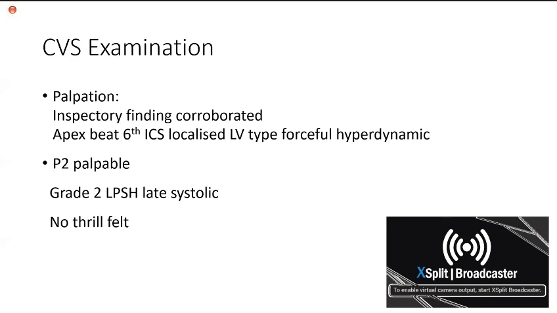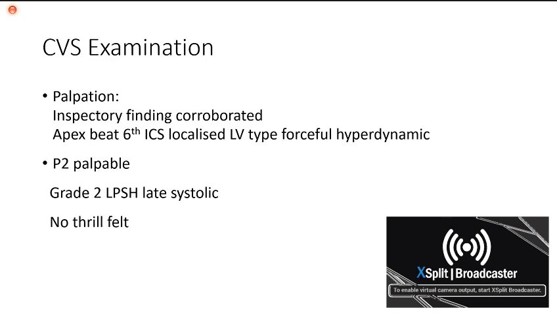Sir, can it be LA, increased LA pulsation? Transmitted LA pulsation is the one which gives a late systolic parasternal heave. But then you have to describe it. How will you differentiate LA pulsations from RV pulsation?